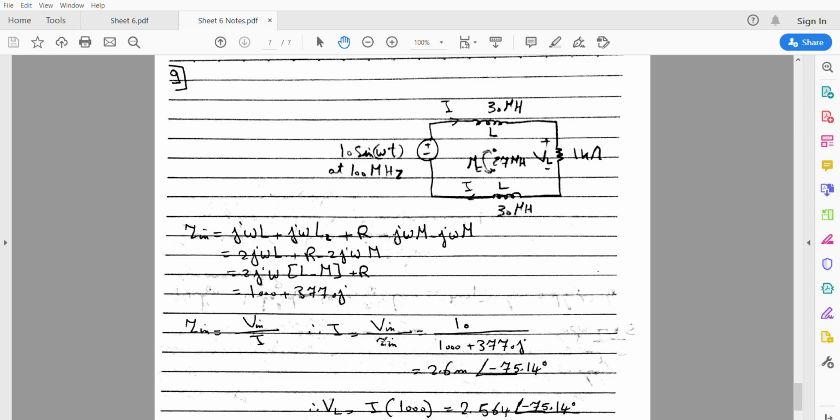I got the value of current passing through this circuit, which is equal to 2.6 milli, angle negative 75.14. All are complex. Now you need to determine the value of the load voltage across 1 kilo ohm. All you have to do is multiply this resistor by the current passing through this circuit, which we got from here. So the voltage across this load will equal I multiplied by 1000, equal to this value.